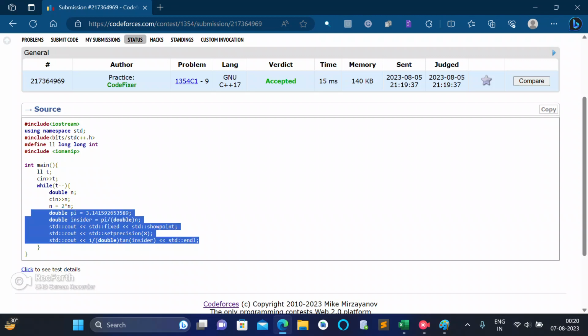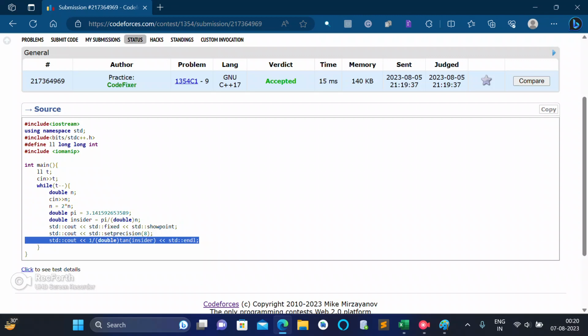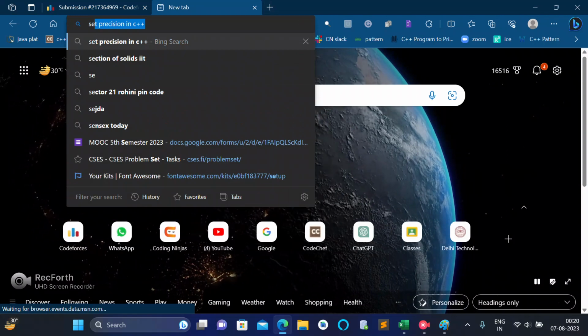So I have done the same thing, 1 by tan of pi by 2n. You can see this is how we can set precision. Here 8 represents, set precision 8 means after the decimal I want 8 values to be there. If I put 3, then after the decimal I will get 3 values.